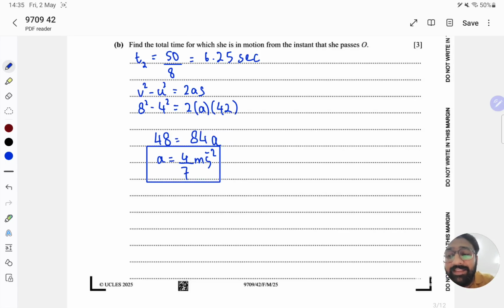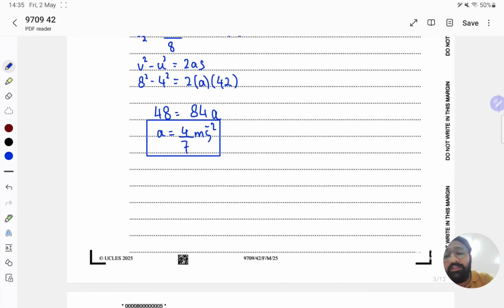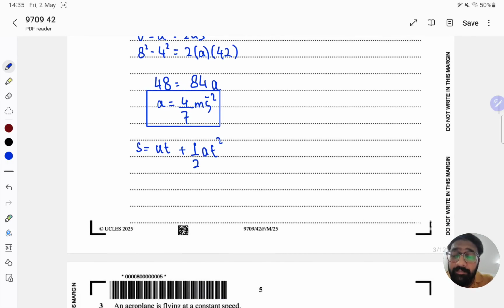Now using this acceleration, let's find out the time that he has taken to cover the first part of the journey, which is 42 meters long. So we will use the formula s equals ut plus half at square. The distance that he has covered is 42. The speed at the start is 4.